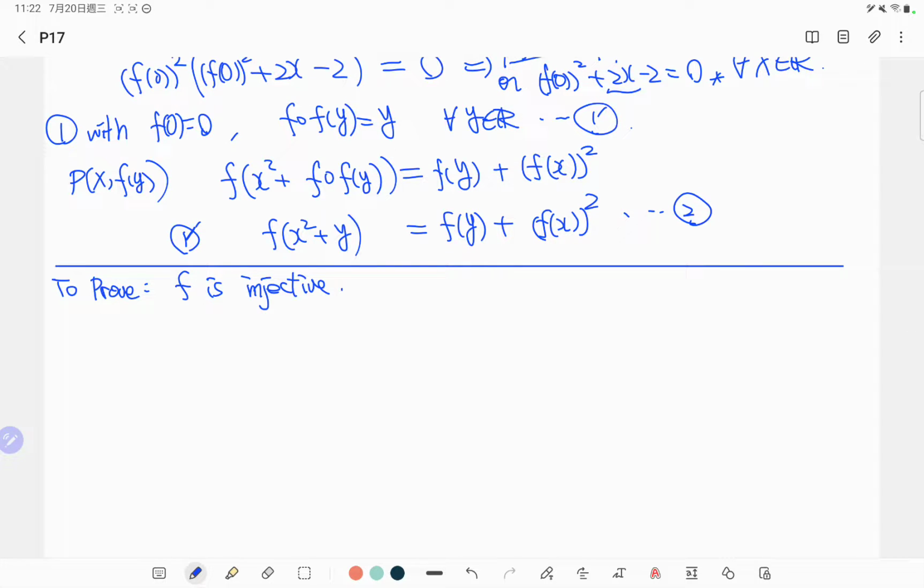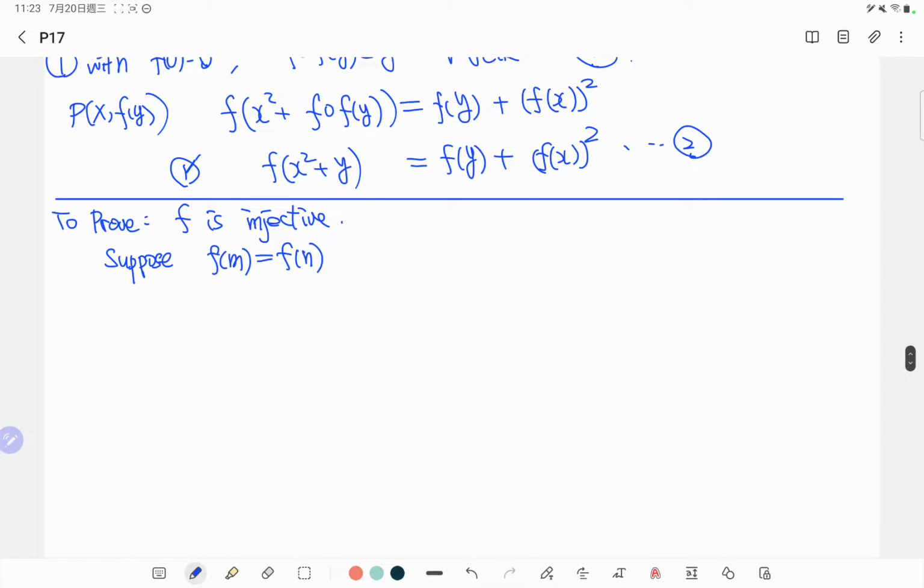Okay, f is injective is easy to prove, because suppose f of m equals f of n. Of course, m and n are real numbers. And then let's take f on both sides so that they should still equal to each other.